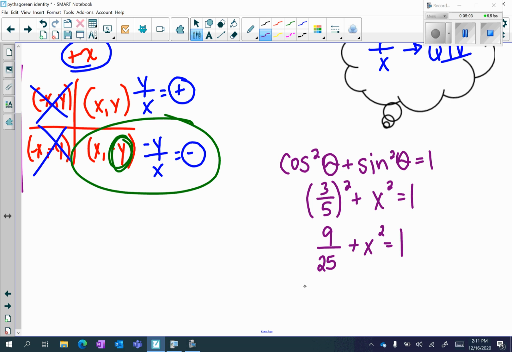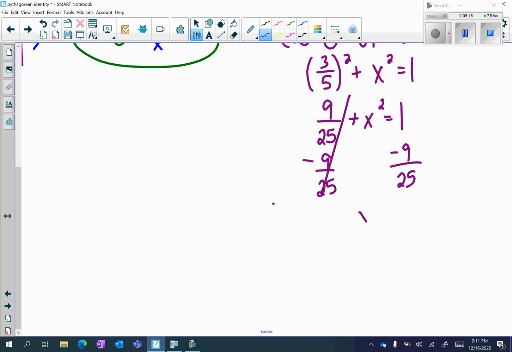I need to solve for x, so I'm going to subtract 9 over 25 on both sides. I'm going to get x squared equals 16 over 25. Square root both sides. We always get a plus and a minus.